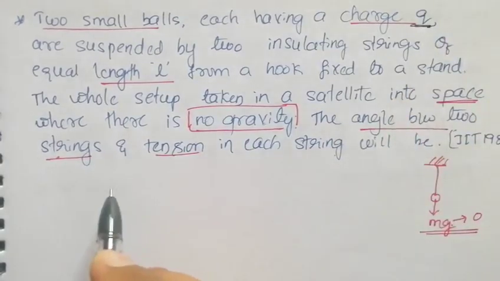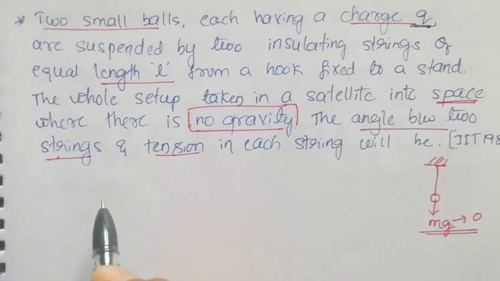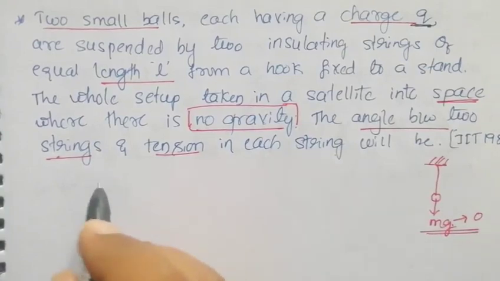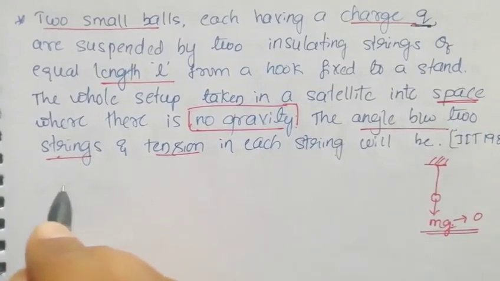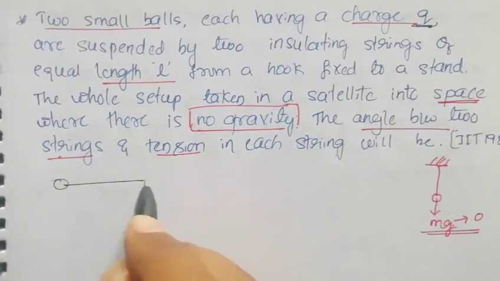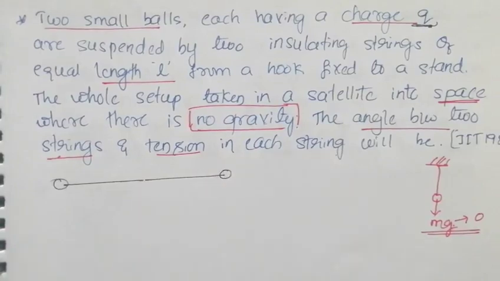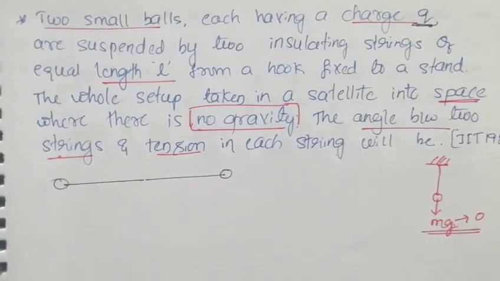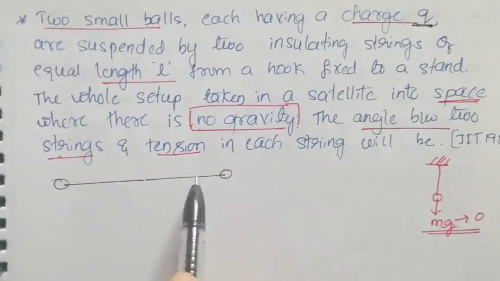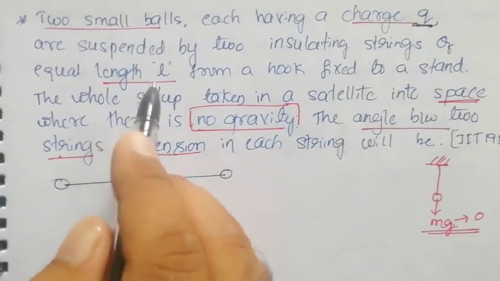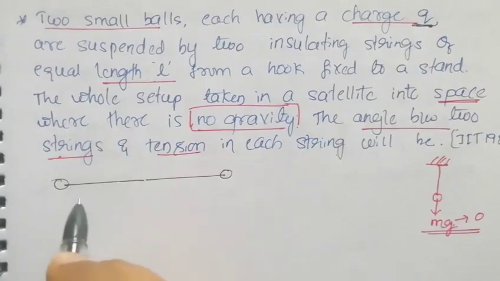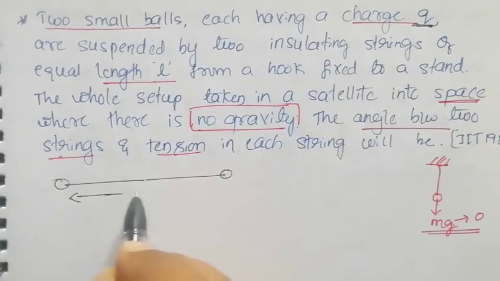If you connect those two strings to the hook, they will stay horizontally, like this, because there is no downward force. They will never have a downward force because there is no gravity. They will have only this type of force. The length is L, so the total length becomes 2L.